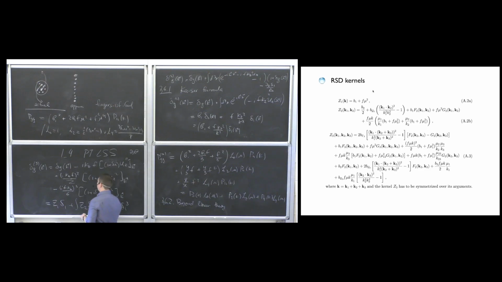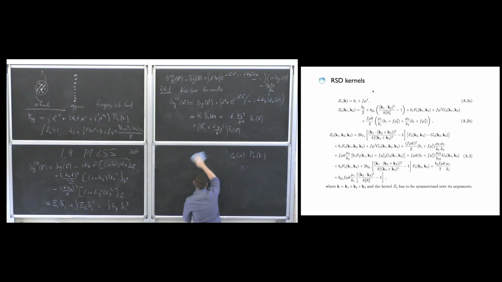Now you can ask the question, okay, what happens to renormalizations? Do we have to worry about this? And the answer, of course, will be yes. So we have renormalized the galaxy density field before, which is very nice, but we haven't renormalized the velocity field.